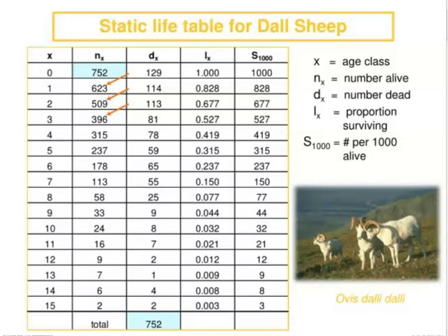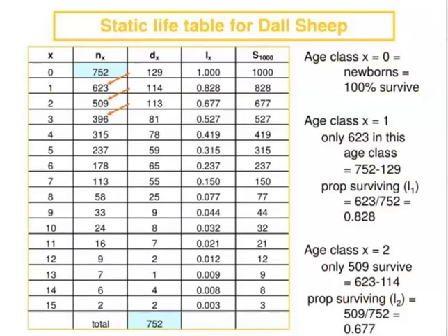So if we look at how many newborns survive for the 0 age class, well, 100%. They were all born. Great. Then we look at age class 1 year. Well, there were only 623 survivors in this age class. That means we had 129 deaths. The proportion of surviving members is 623 divided by 752.